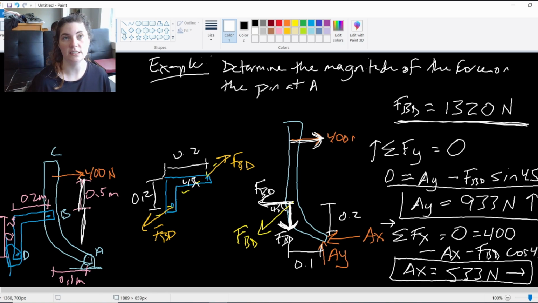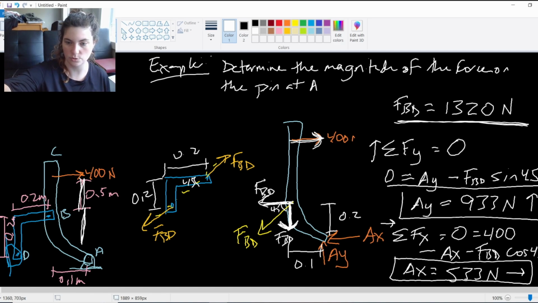Now, of course, it did ask me for the magnitude of the force on the pin at A, so I might combine these into one single force, right? Do square root of the squares to find what the actual magnitude of that force is, which I did not calculate. Let me plug that into a calculator real fast.